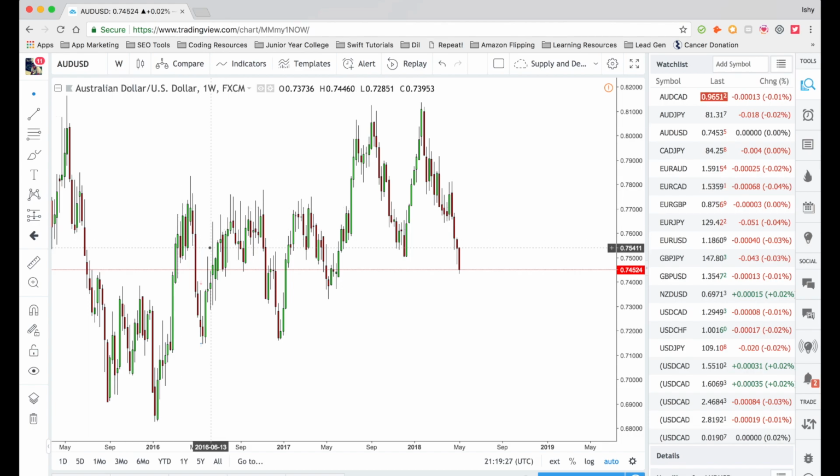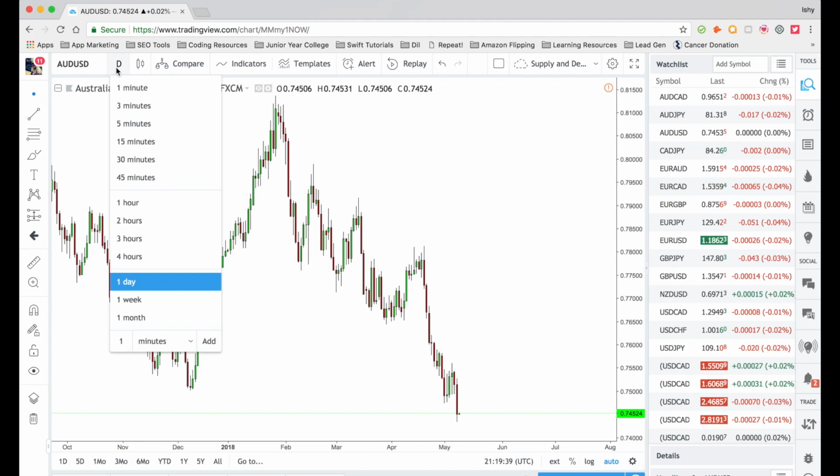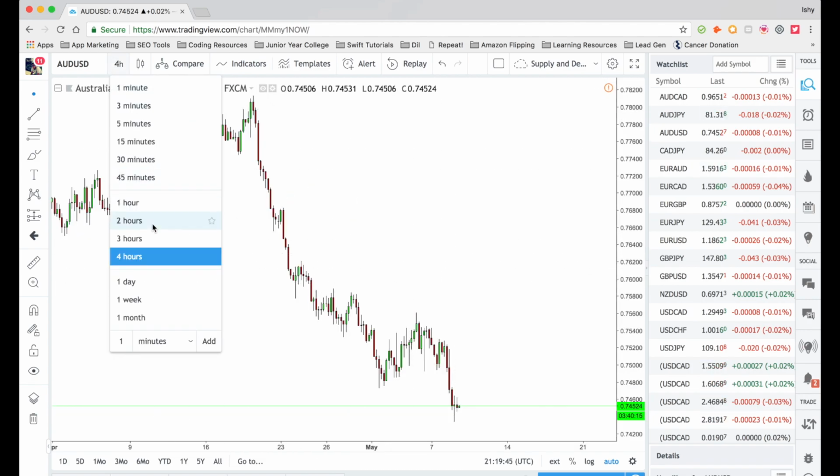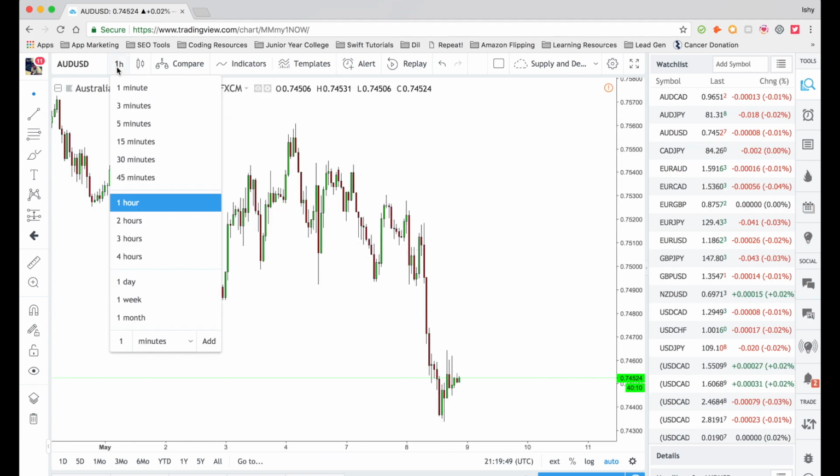Your trades are going to last about a week or two, and then the daily. Your trades are going to last about a day, and you dedicate a bit more time. And if you're just sitting at home really not doing anything, you just want to make a bunch of money, really do a bunch of quick trades, 4 hours, even 1 hour. 1 hour is going to be super fast trading, right?